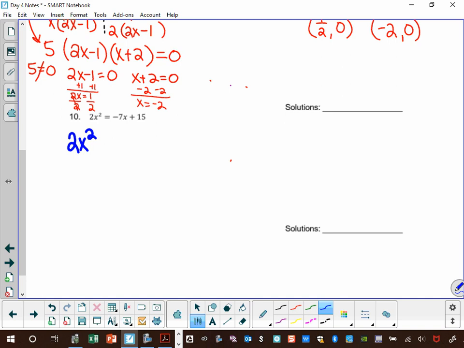What's the opposite sign? Positive 7x. Positive 15 becomes what? Negative 15, and then we're going to have equals 0. So write that down on your paper. All we did was put all the numbers on the left side. We're not doing number 9.